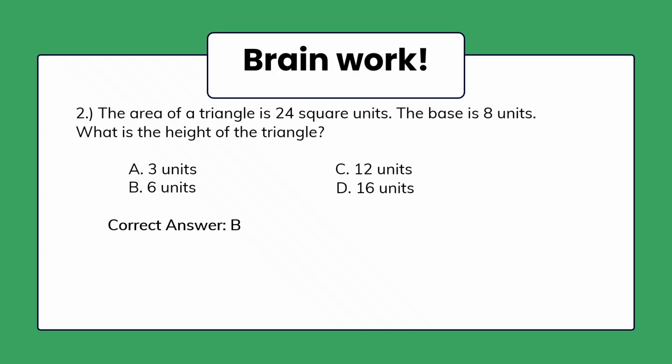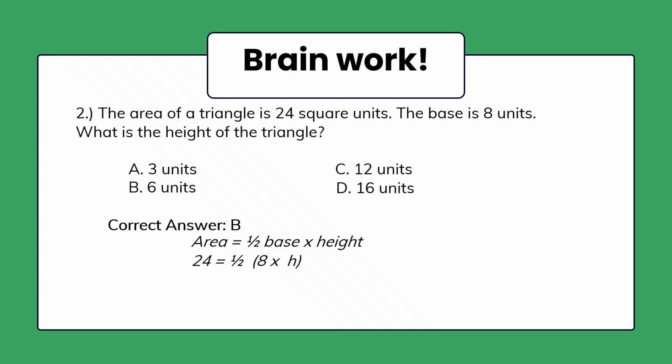How do we get 6 units? In the problem, the area of a triangle is 24 square units, and the base is equal to 8 units, and we're going to find the height. So recall the formula for the area of a triangle. Area is equal to base times height divided by 2, or 1/2 base times height. And next, we're going to substitute the known values.